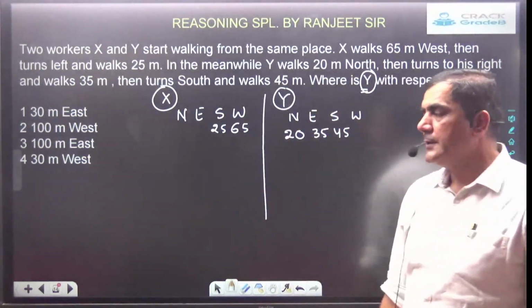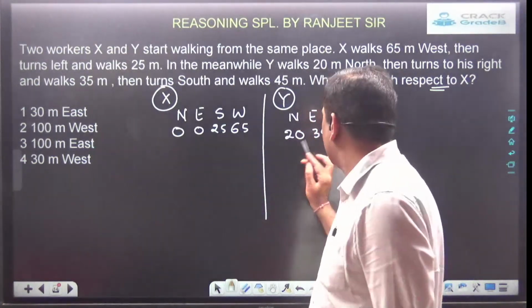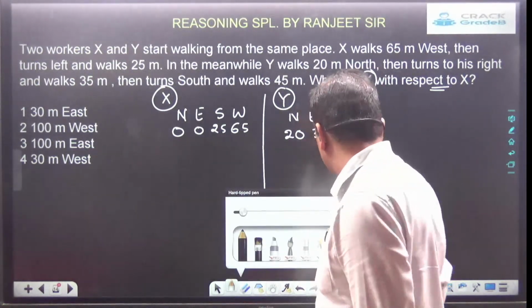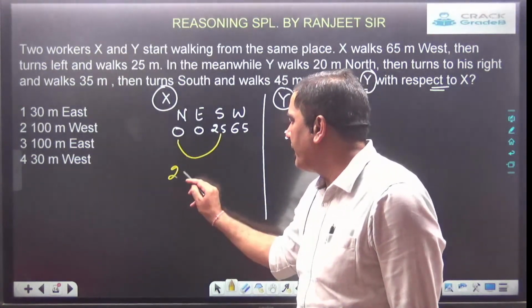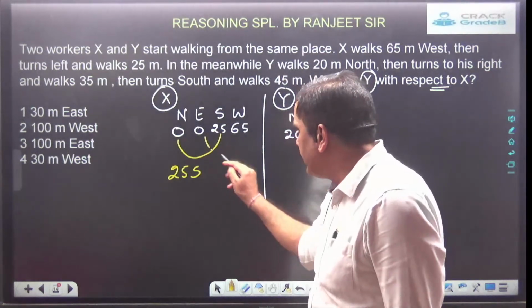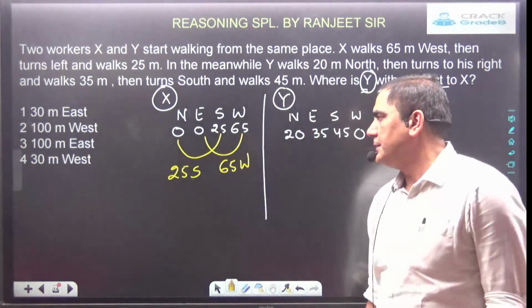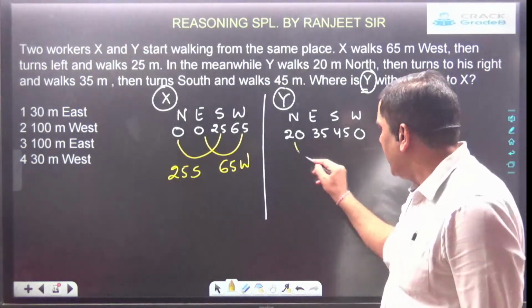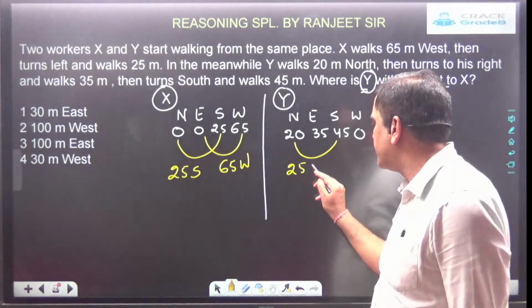Okay, now let's go for the calculation. This is 0, this is 0, this is 0. Take these two, comes out to be 25 south. Take these two, comes out to be 65 west. Go for this one. Take these two, comes out to be 25 south.